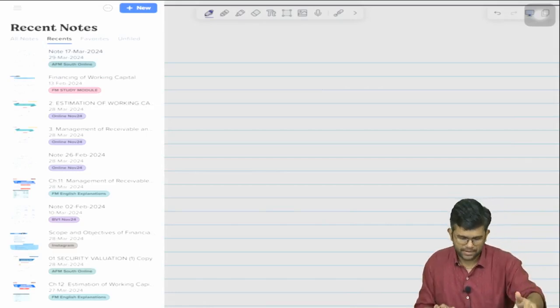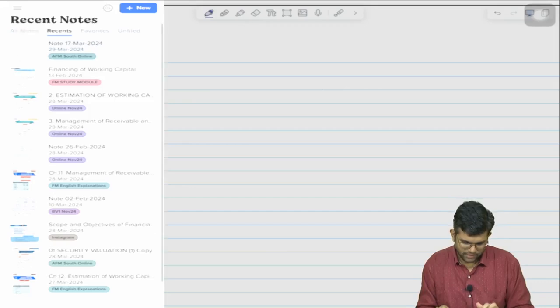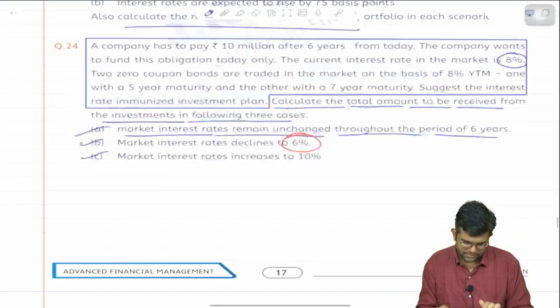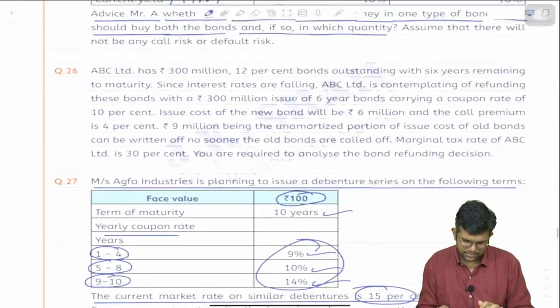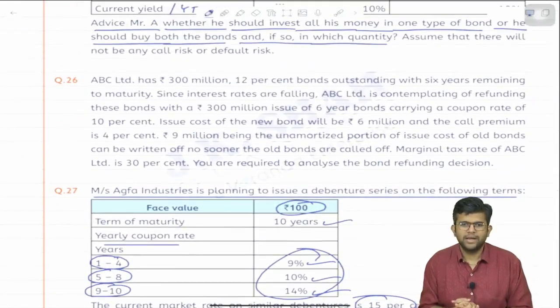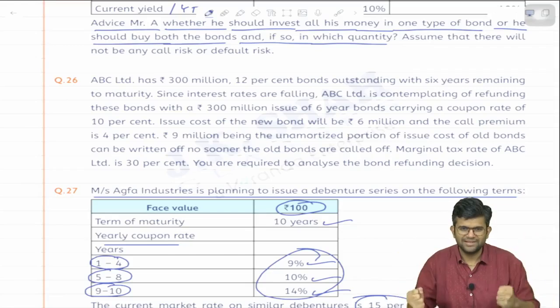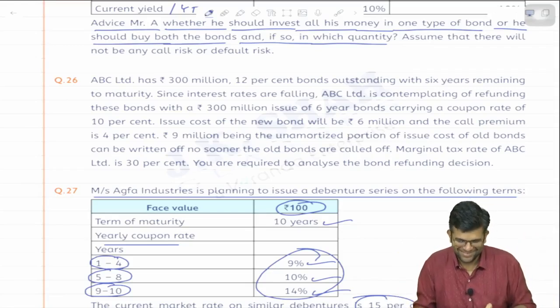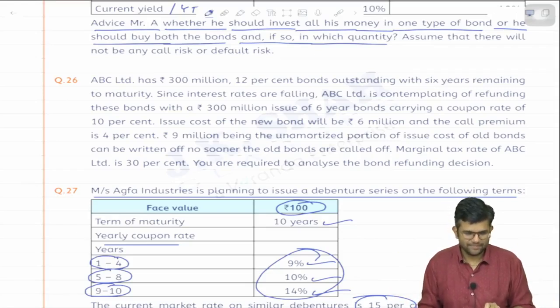Everyone come to question number 26. Next week's timetable you got, no? Or this week's timetable? Till Thursday. Okay. Read question 26.